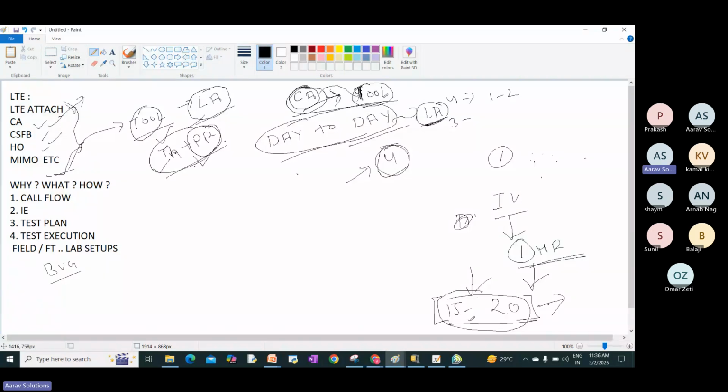Because when you join any company or project, their expectation is that they need a candidate who will contribute to their project as soon as possible, right? This is why practical exposure is very important.